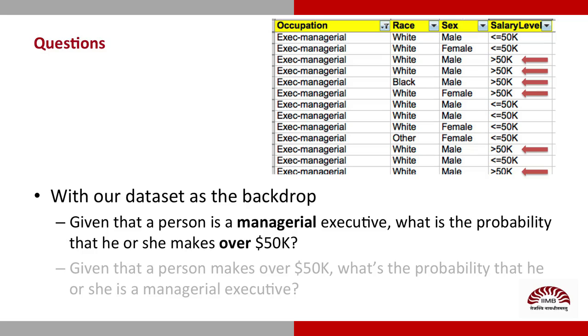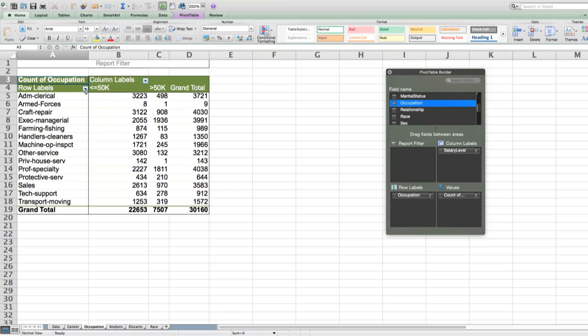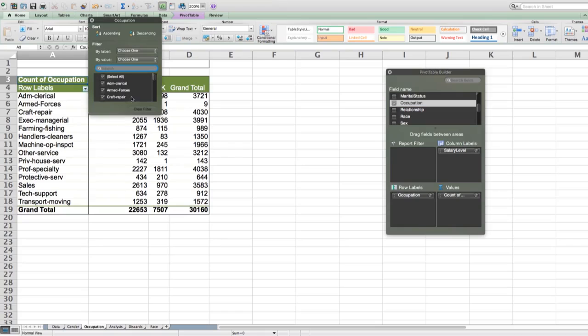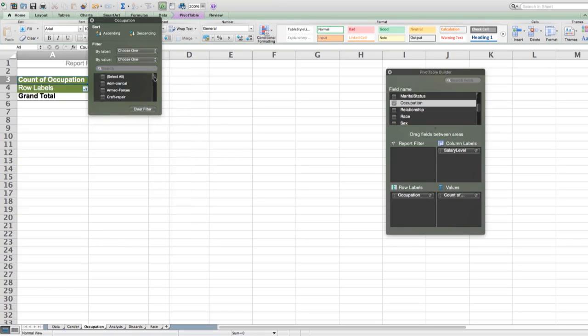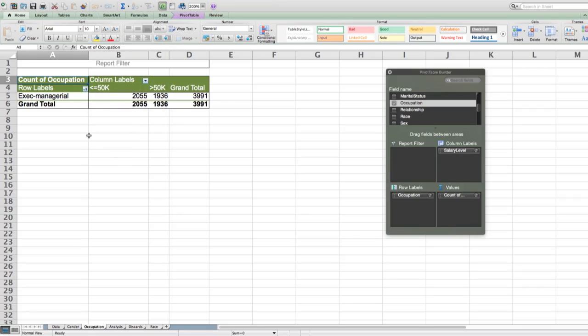Given that a person in our dataset is a managerial executive, what is the probability that he or she makes over 50K? So for that, I'm going to restrict these row labels to exactly exec managerial, and aha, I have this final pivot table.